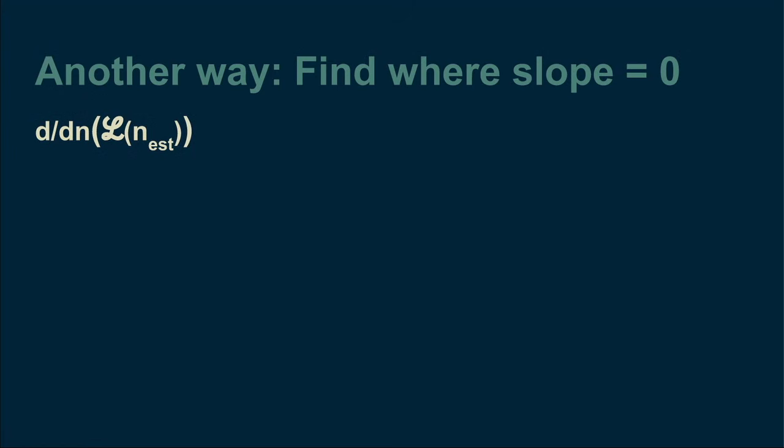So we find the slope of the loss function with respect to our guesses, and we set it equal to 0, and we solve it to find for what guess is that true. So we take our loss function, this sum of the square of the differences of the count and the guess, and we take the derivative of that with respect to our guess.